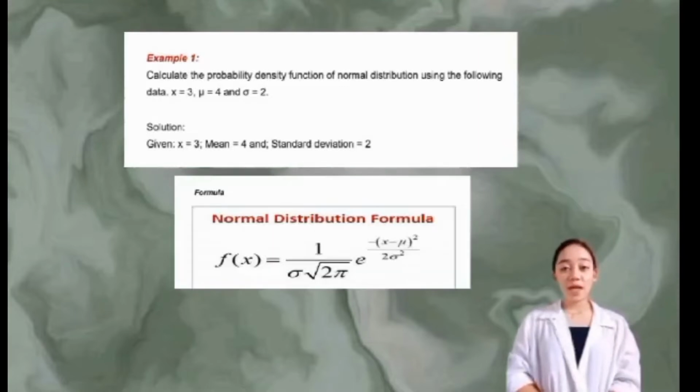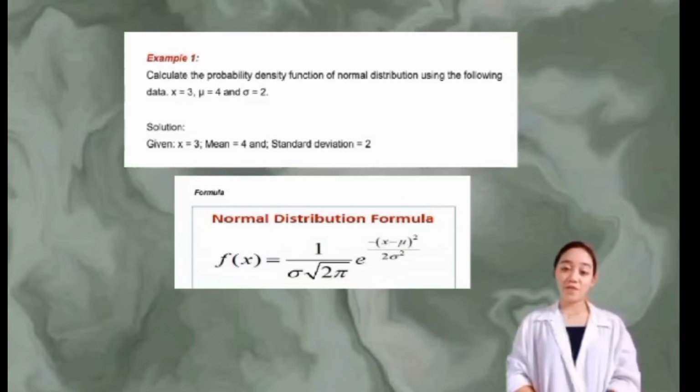By the formula of the probability density of normal distribution, we can now find f of x by substituting the corresponding values.